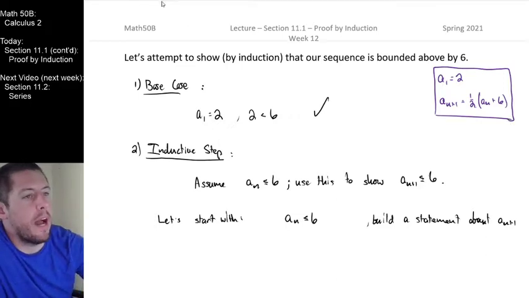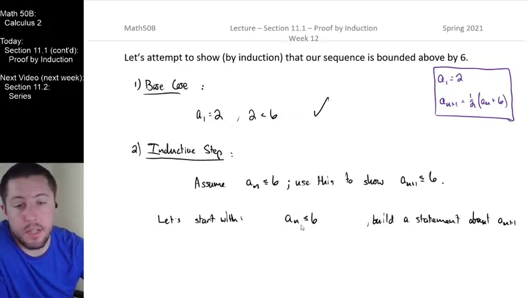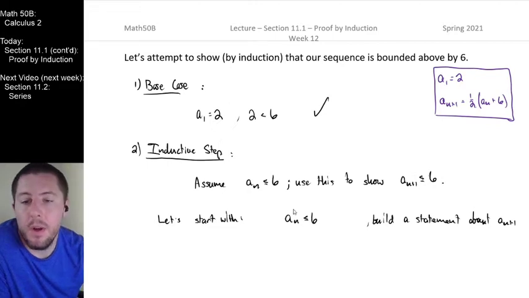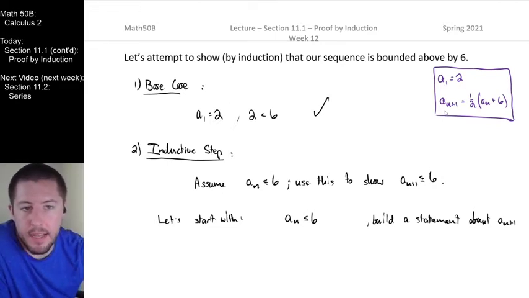So what I've got is that a sub n is less than or equal to 6. We're assuming that's true. If I want to build a statement about a sub n plus 1, I can see that a sub n plus 1 does involve an a sub n. So let's go ahead and add 6 to this inequality, then divide both sides of this inequality by 2, and then we'll have created a statement about a sub n plus 1.